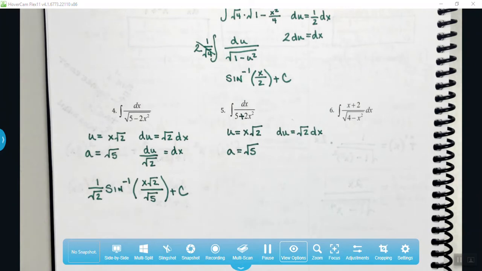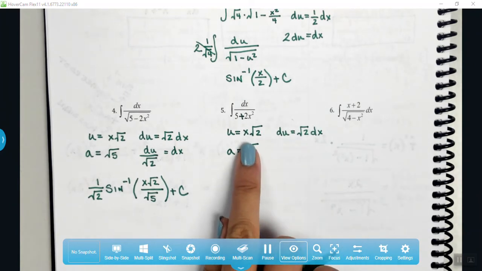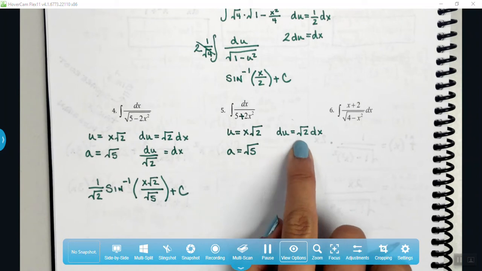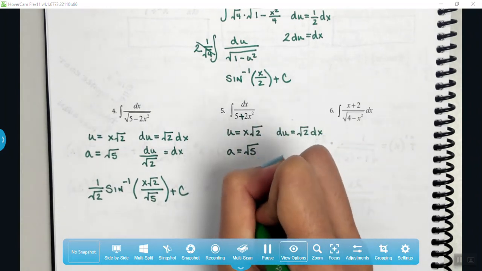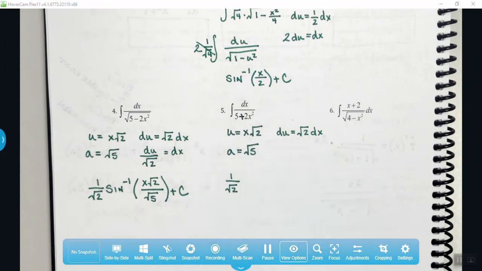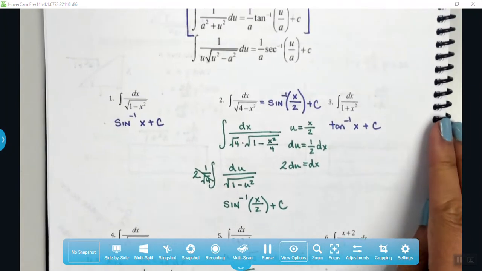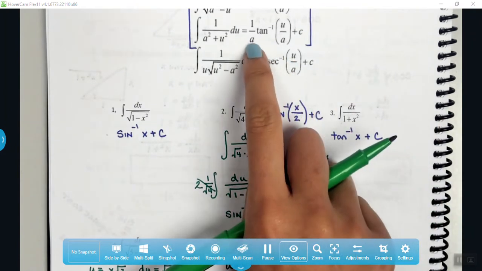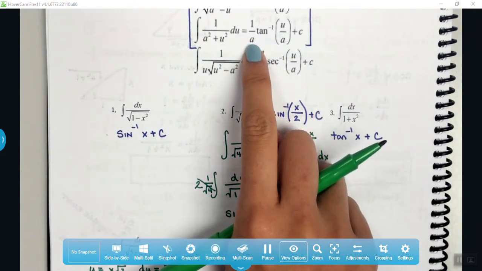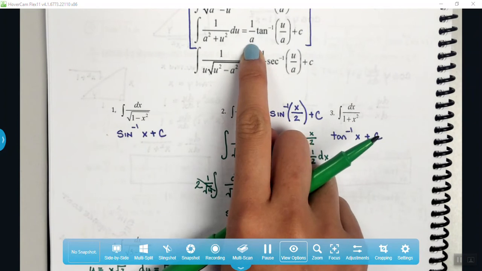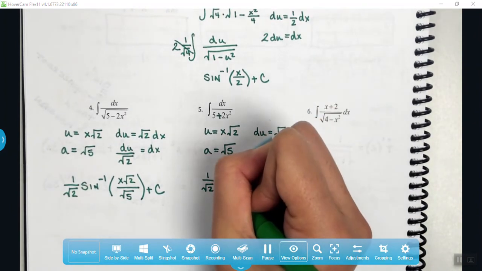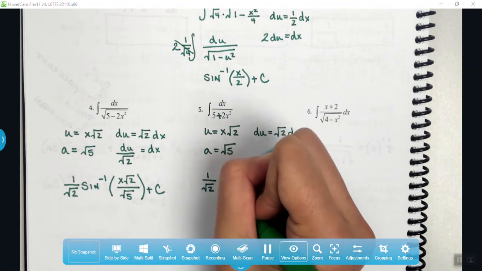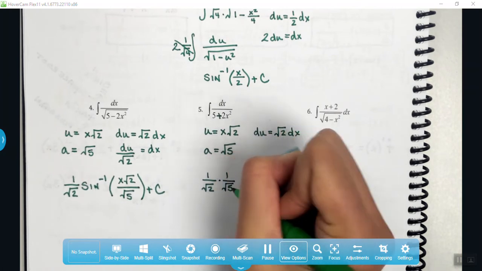Okay, so we have a du for this one too, because our u is x root 2, so du is root 2. So we have to divide by that on the outside, but for inverse tangent we also have to divide by the a. I can do the proof of that, but I'm not going to right now.